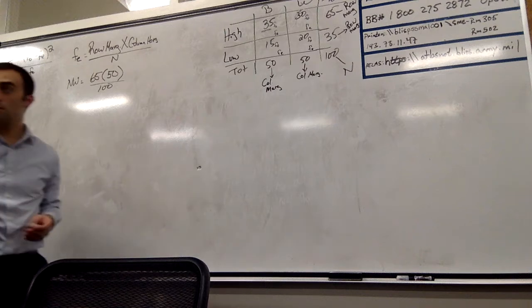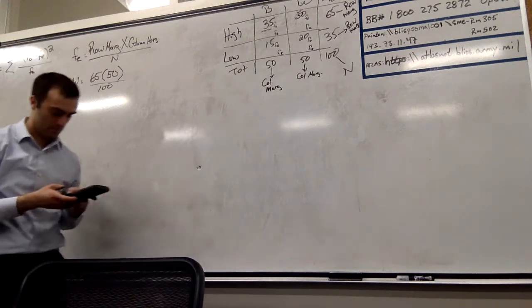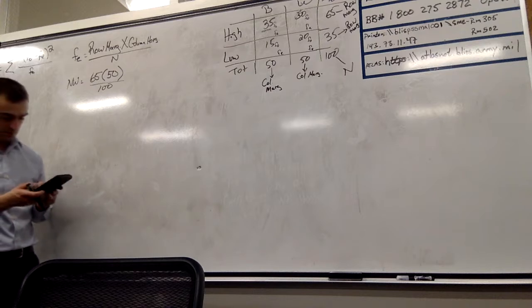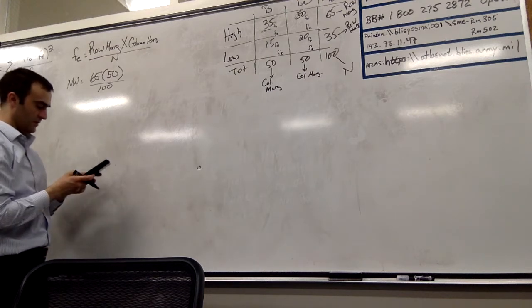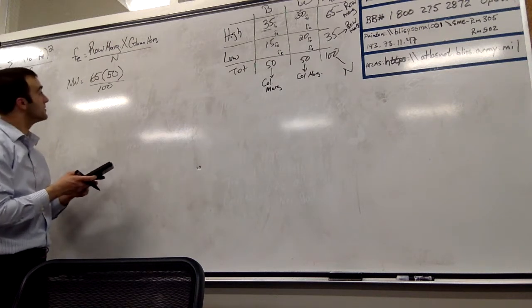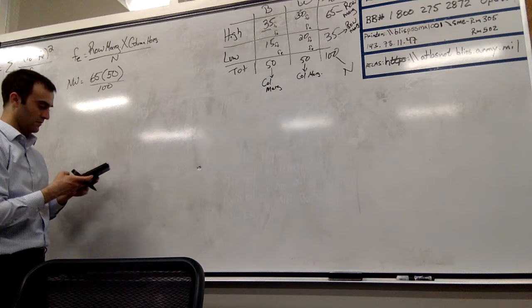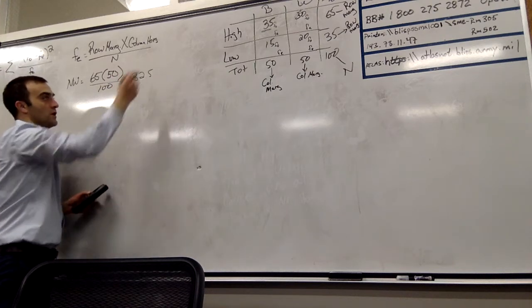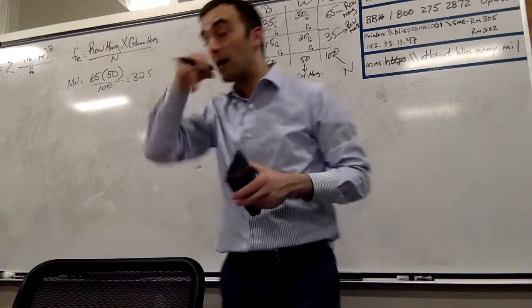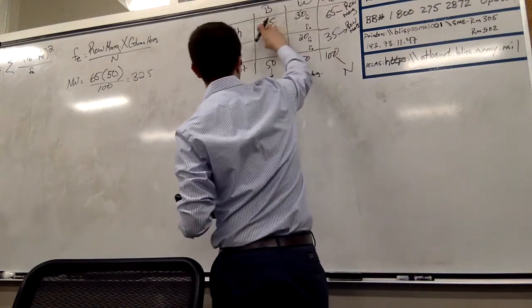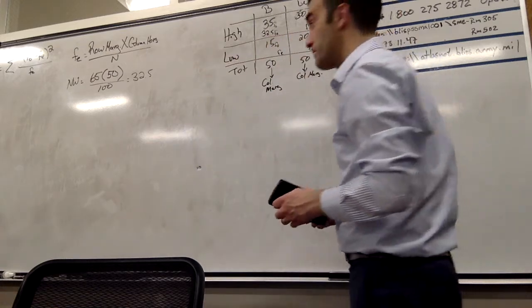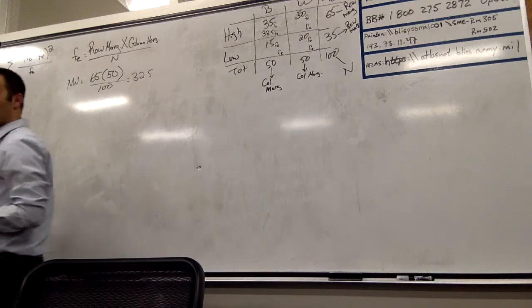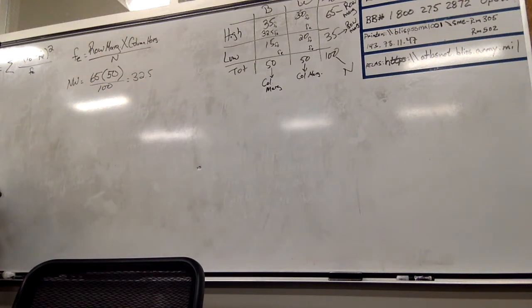We divide by 100. 65 times 50, 32.5. Divided by 100. Is that right? Yeah. So, if there was no difference between races on participation, we should see 32.5 in that cell. So that's our expected for the northwest cell, black high.